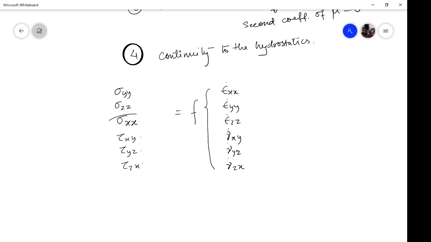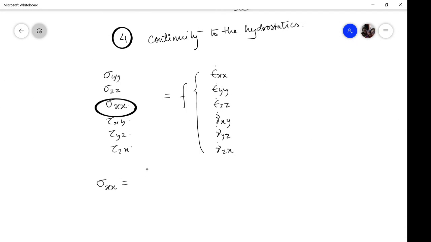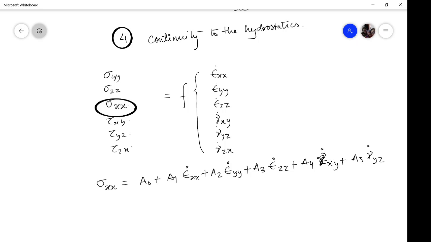So if you just talk of this simple sigma xx, then with respect to the first assumption, that is linear relationship, I can write this as E naught plus A1 epsilon dot xx plus A2 epsilon dot yy plus A3 epsilon dot zz plus A4 gamma dot xy plus A5 gamma dot yz plus A6 gamma dot zx.